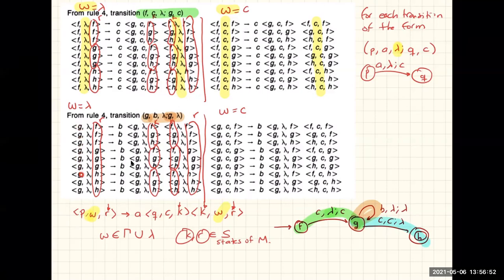P is always the same because it goes from G to G, and Q is also always G. And finally, with all these rules, we will have our grammar rules corresponding to this very simple automaton.